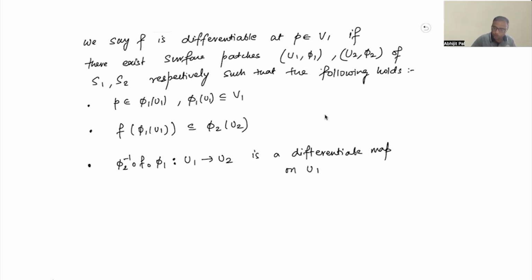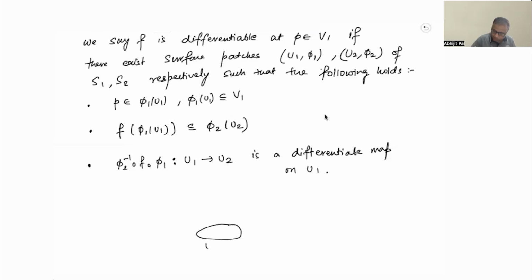Okay, so note that here u1 is contained in R2, and u2 also is contained in R2. So I have the following diagram.